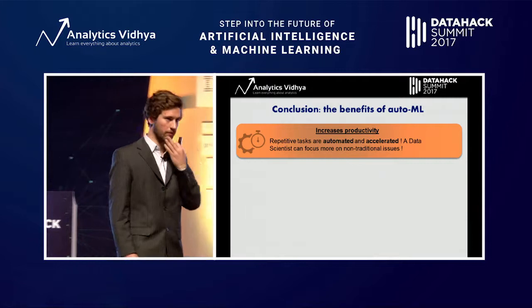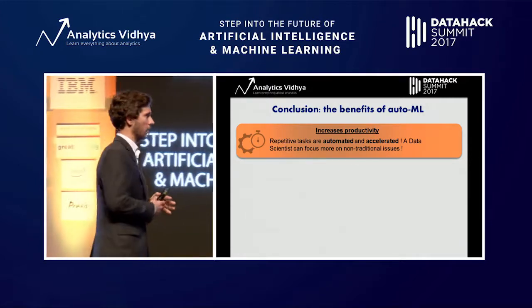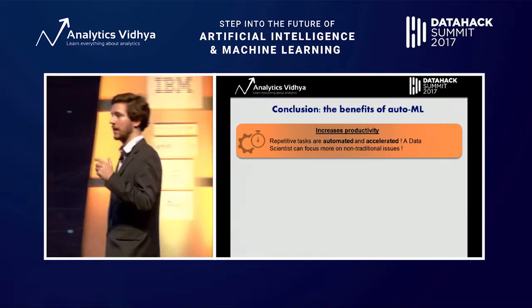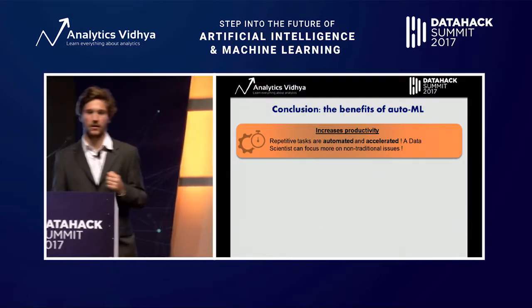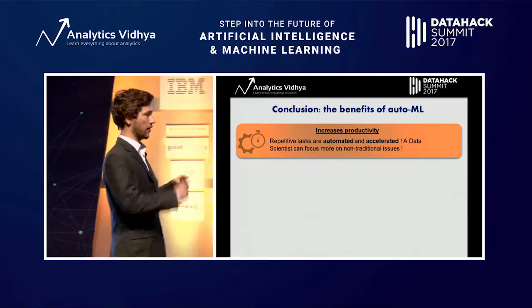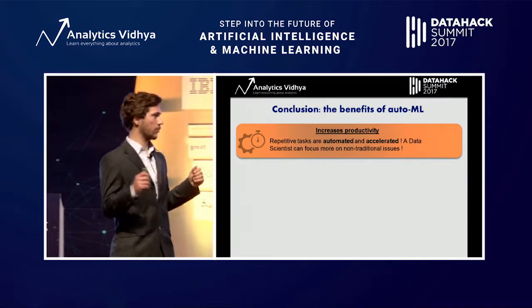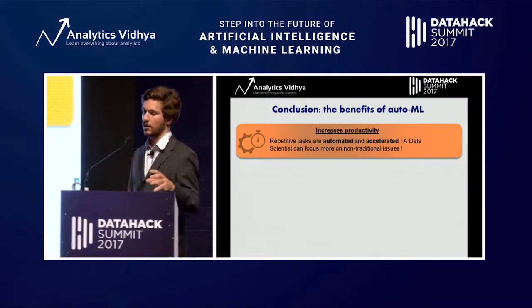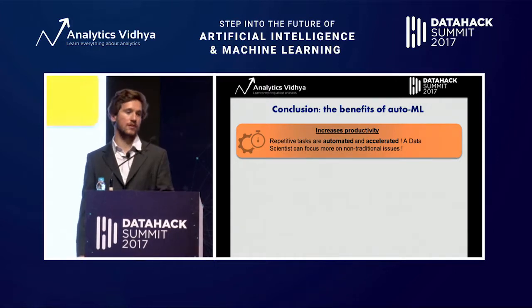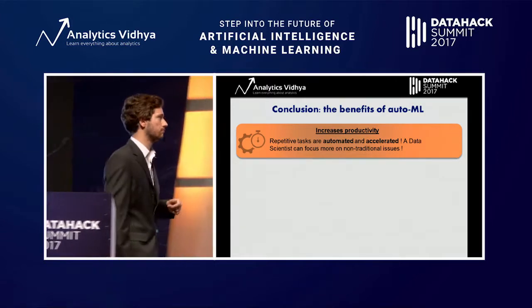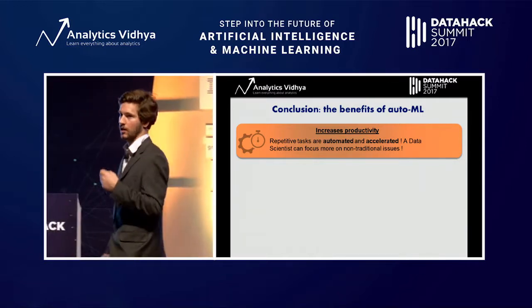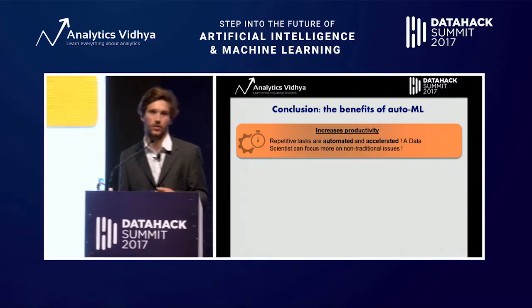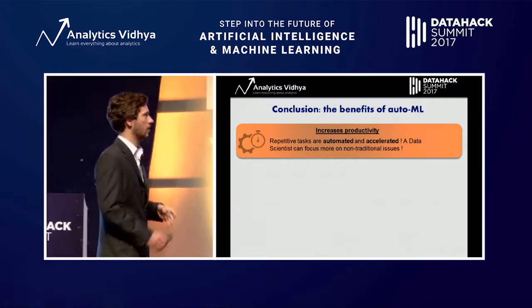As I told you before, automated machine learning will allow you to automate repetitive tasks that can take a lot of time, and it can accelerate the pipeline. So that's very important. And then a data scientist can focus, let's say, on more non-traditional issues, like unsupervised learning and images and so on. So that's the first benefit.